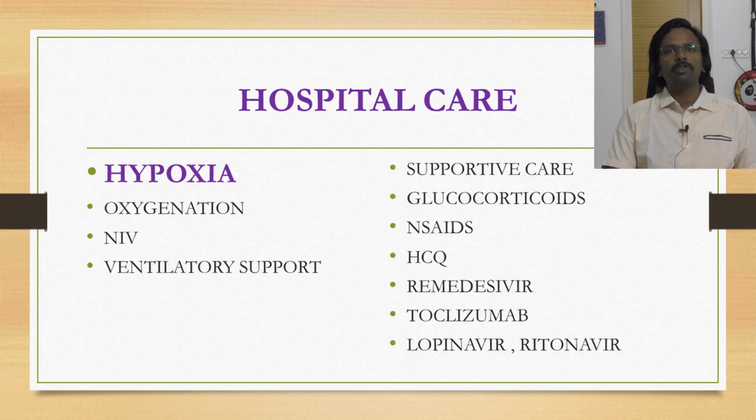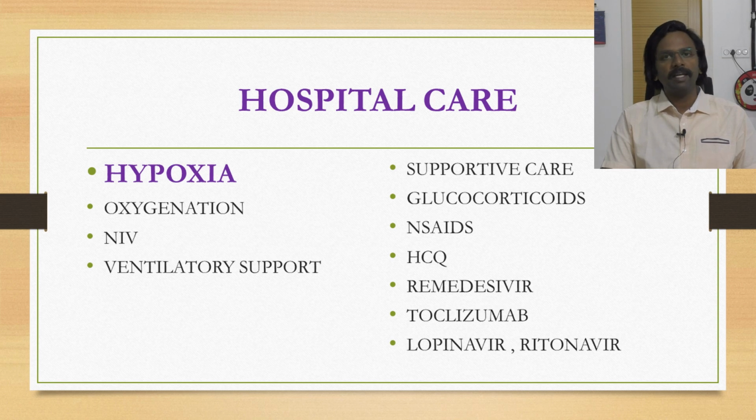The hospital care should focus on correcting hypoxia if present. Hypoxia can be managed by giving nasal oxygen, a non-invasive ventilator, or ventilatory support. Hospital care also includes supportive care, judicious use of glucocorticoids, avoidance of non-steroidal anti-inflammatory drugs, and investigational therapies which have not been proven but can be tried, like hydroxychloroquine and other drugs.